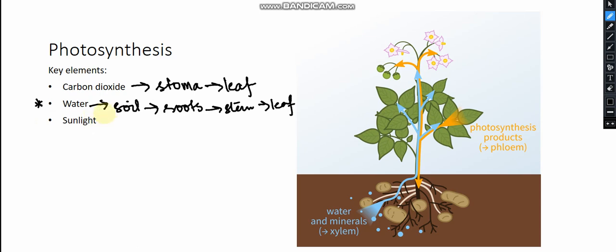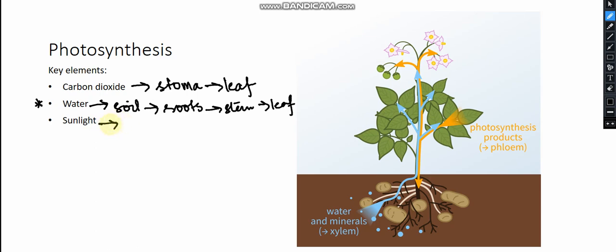About sunlight, we know that the source of sunlight is obviously the sun, and this sunlight enters the leaf through the cuticle, and then it passes on through the upper epidermis, which is a very thin layer of cells. It does have chloroplast, and then it enters the major part of a leaf, which is the palisade mesophyll layer, where most of the photosynthesis takes place.